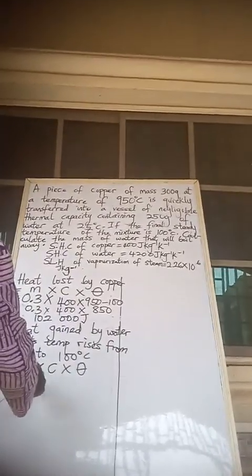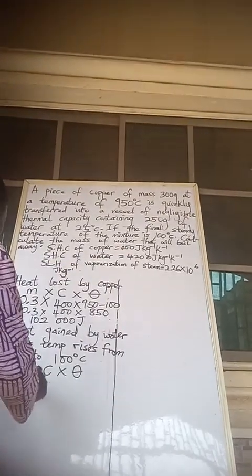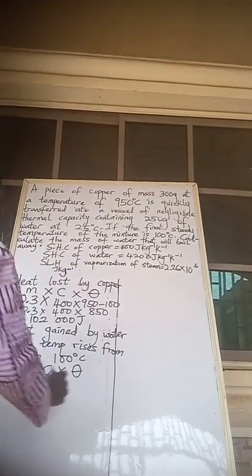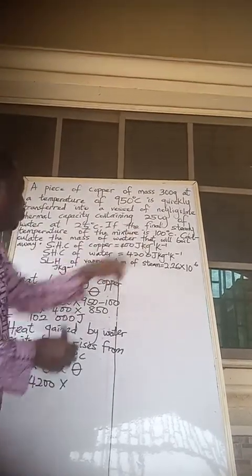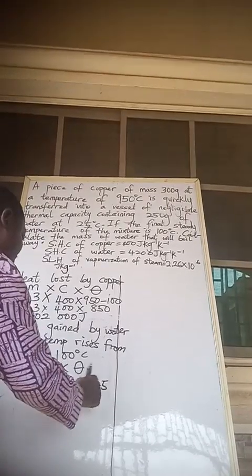So 0.25 times the specific heat capacity of water, which is 4200, times the change in temperature from 25 to the final temperature of 100, that is 100 minus 25.